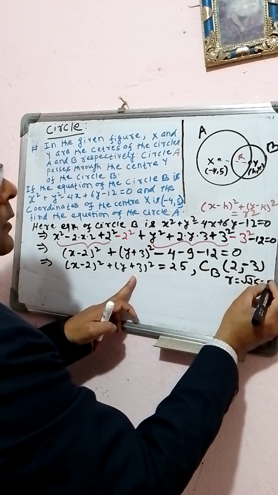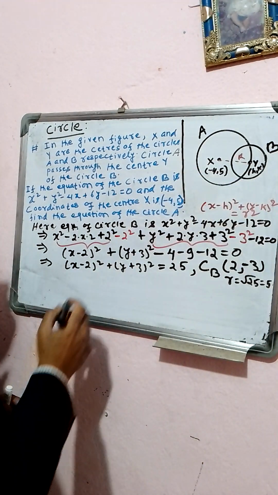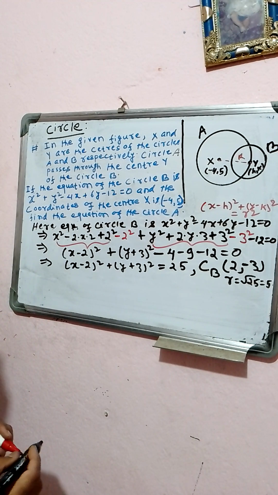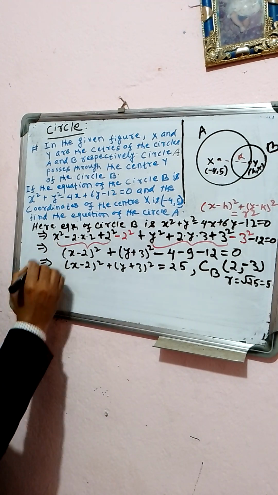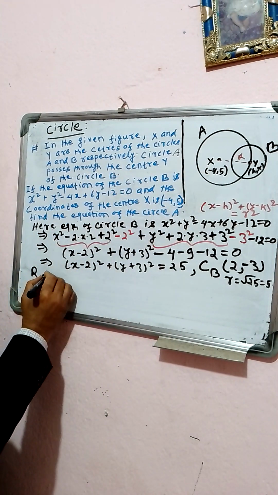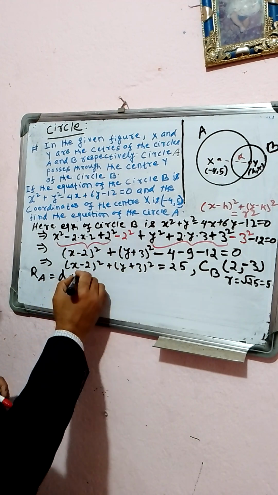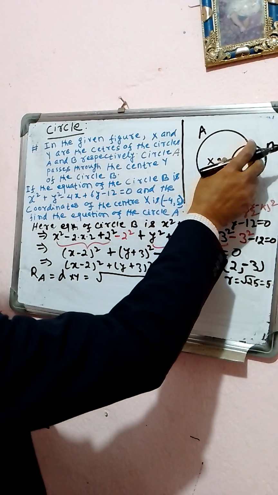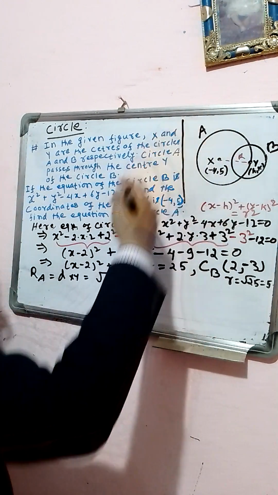But we require the radius for the bigger circle, as we are going to find the equation of the circle A. So before that, let's say R is the radius for the circle A, which is the distance between the point X and Y. So use the distance formula in order to find the distance between X and Y, which gives you the radius of the circle.